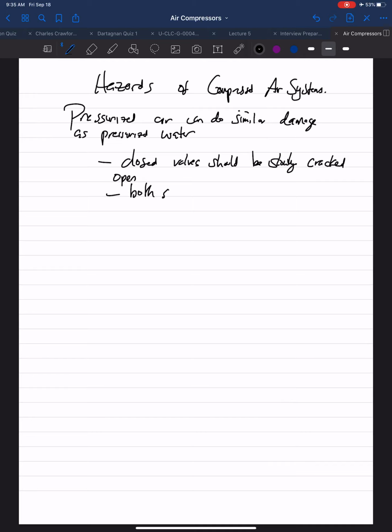Both sides should be allowed to equalize prior to opening the valve further.